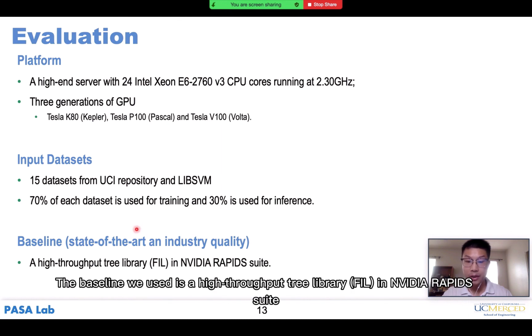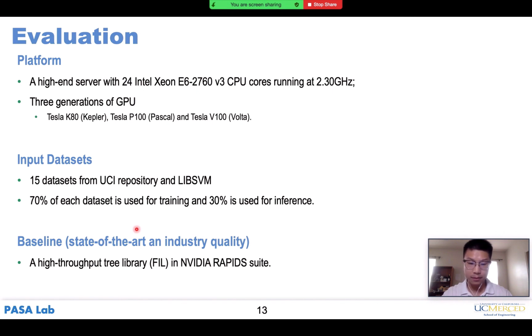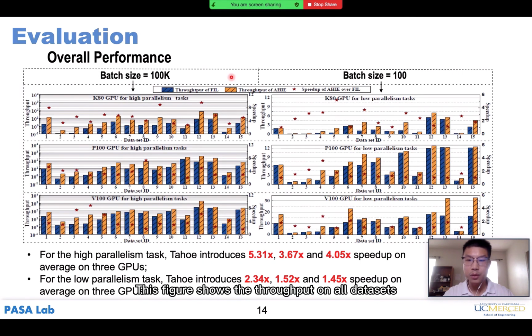The baseline we used is a high-throughput tree library, FIL, in the NVIDIA RAPIDS suite, which is a state-of-the-art and open-source library. This figure shows the throughput on all datasets. We choose the performance of using 2 batch sizes: 100,000 representing the use cases with the highest parallelism, and 100 representing the use cases with low parallelism.